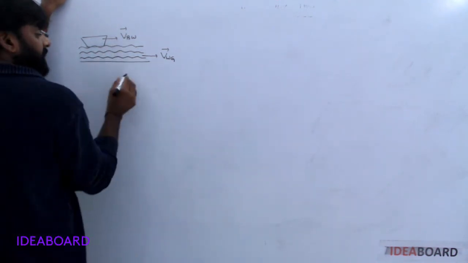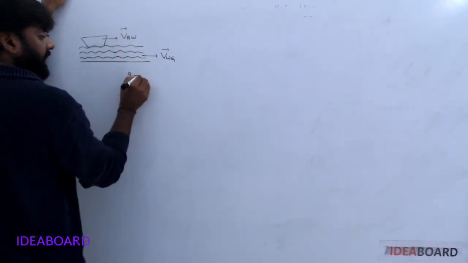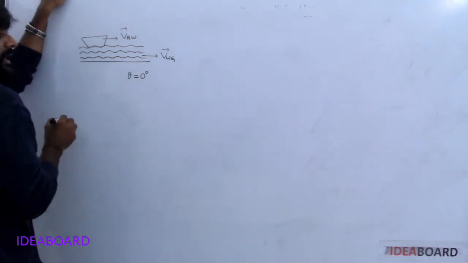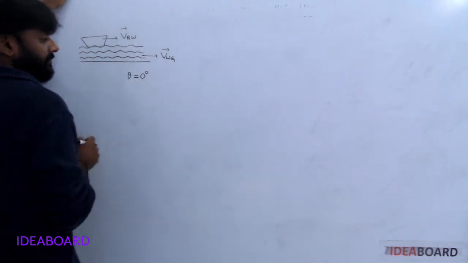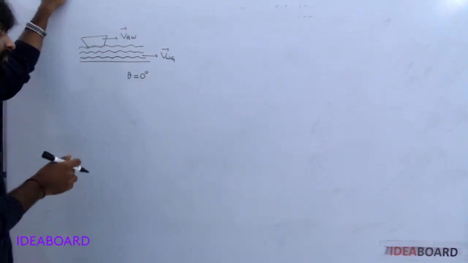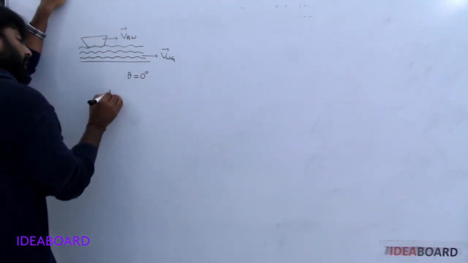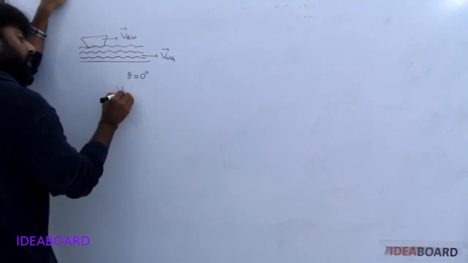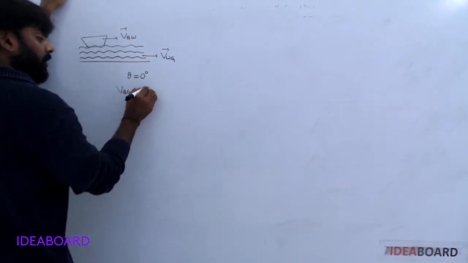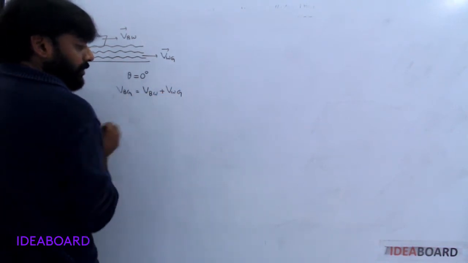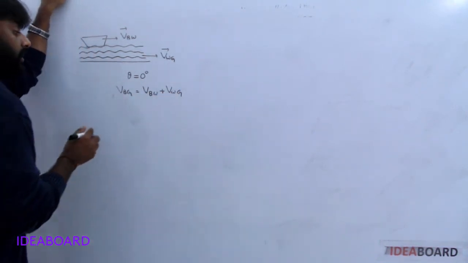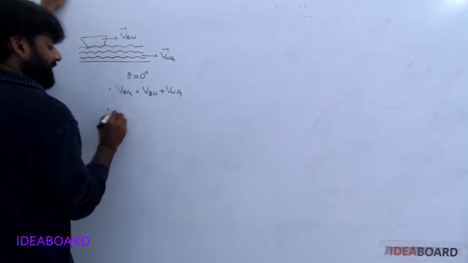Both in the same direction means theta is 0 degrees. Understood? Now, for example, it is traveling a distance d. Here, boat with respect to ground is equal to boat with respect to water plus water with respect to ground. Understood?